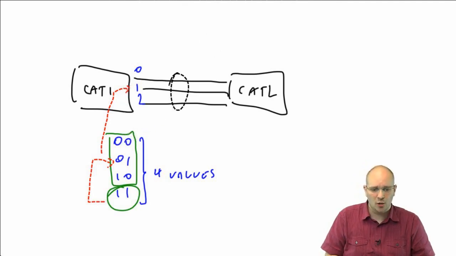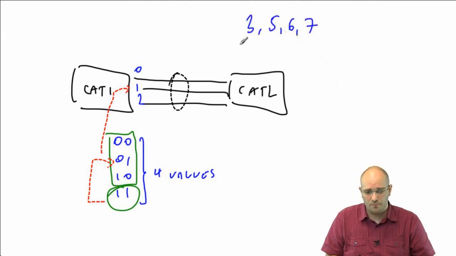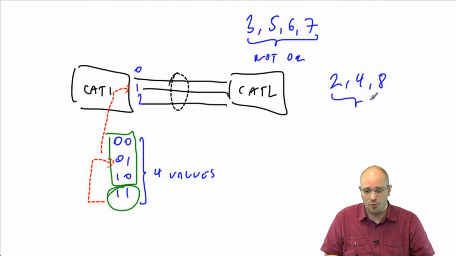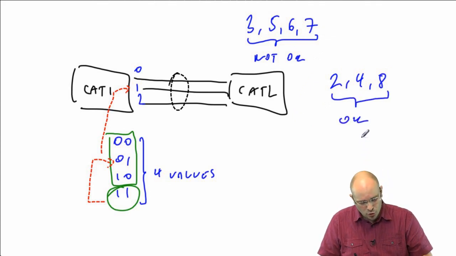This situation will happen if you have 3, 5, 6, or 7 links in a bundle. So these here are not okay. You should try to avoid this, and using 2, 4, or 8 is actually okay, because these are powers of 2.